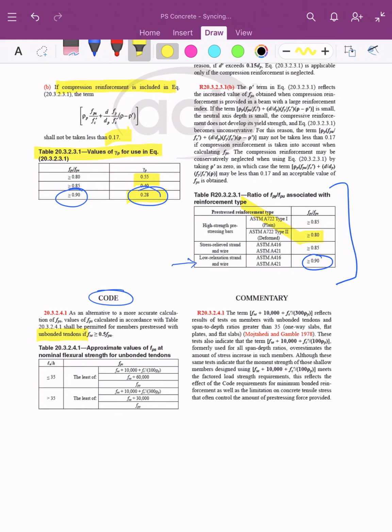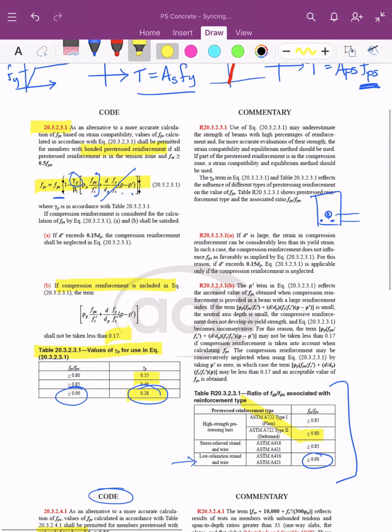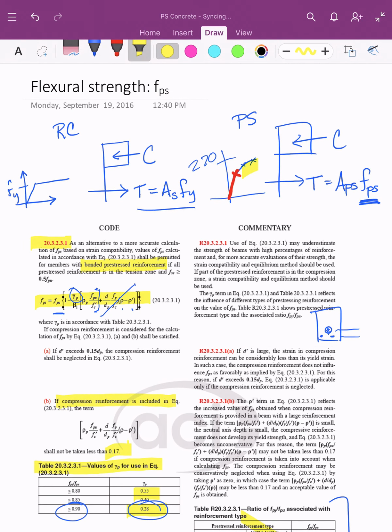It asks you the ratio of length to height, and then gives you these equations for your f sub ps. We'll talk about that a little more as I go through some of the unbonded tendon requirements, but for now we're focusing on the f sub ps equation to calculate our ultimate.